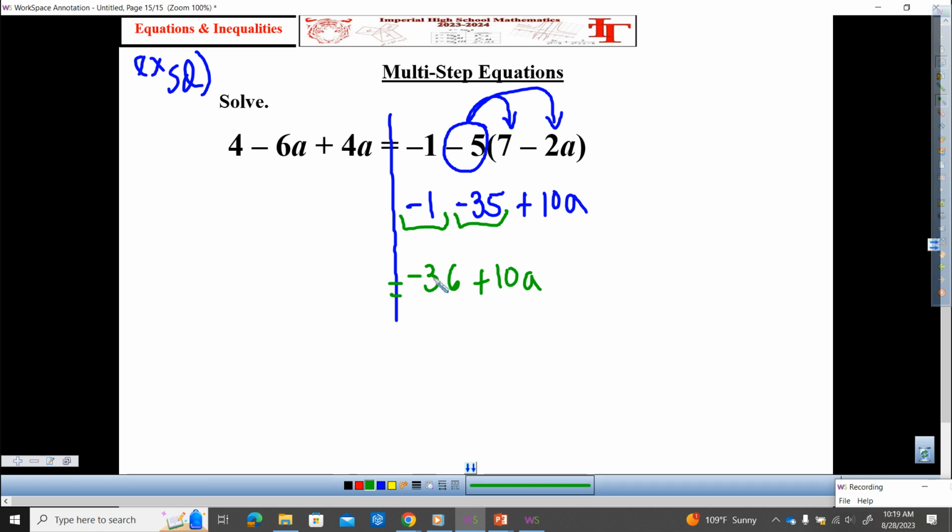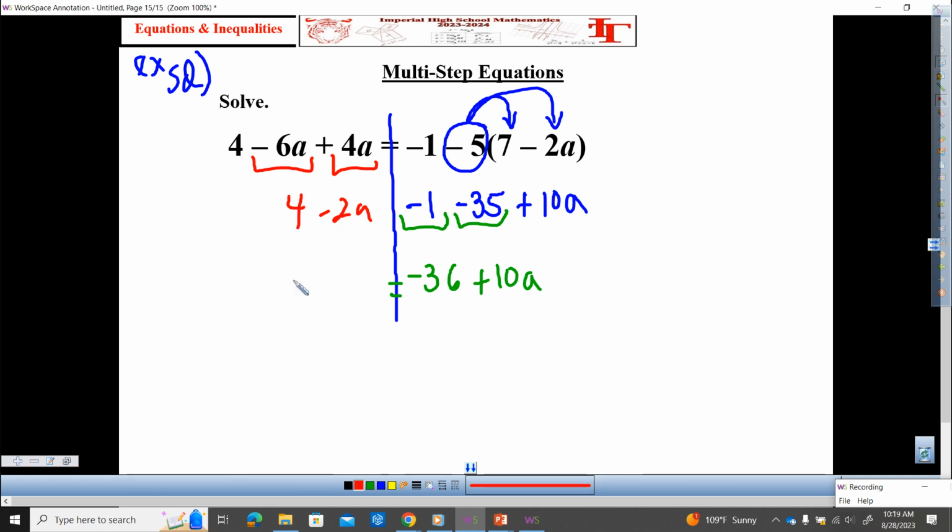Pass it to someone so like that they guide us through the left side. Okay. Jaden? Combine the like terms. Which ones? Negative 6a and positive 4a give us negative 2a, and then bring down the 4.